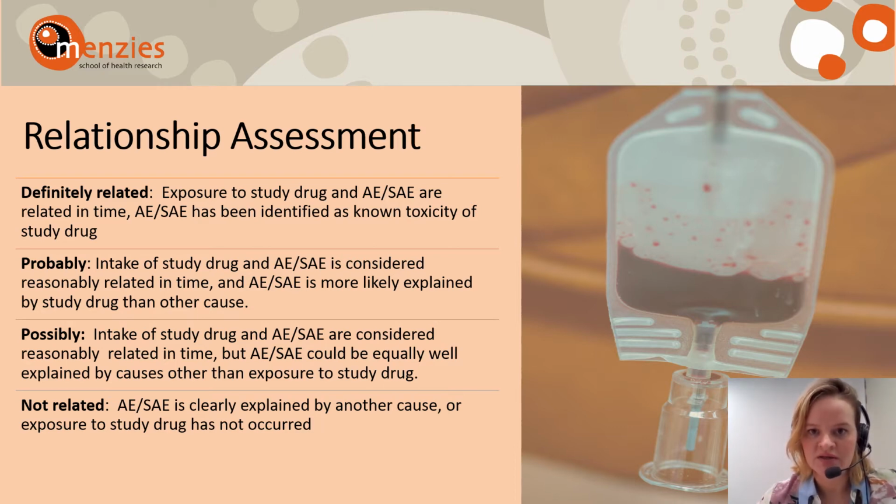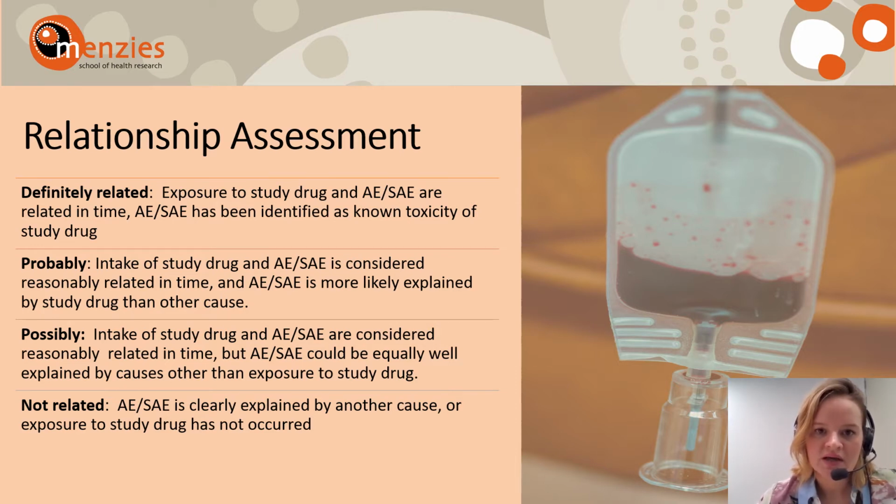It may be listed in the PDR, the investigator's brochure, or device manual, and it follows a clear temporal sequence from the drug's administration. It also would cease with discontinuation of the drug and reoccurs on restarting. It is clearly not related to the study participant or study environment factors.